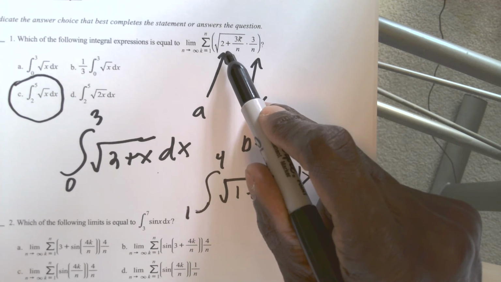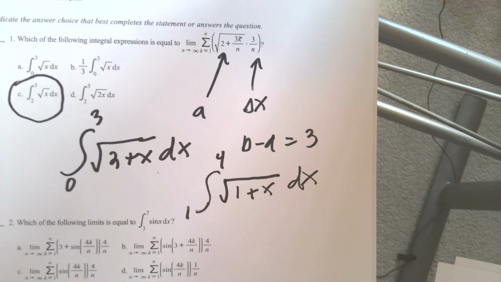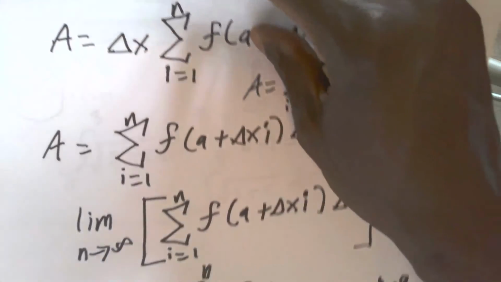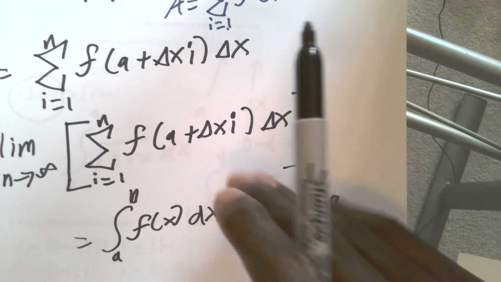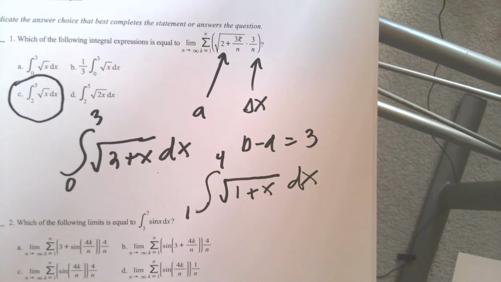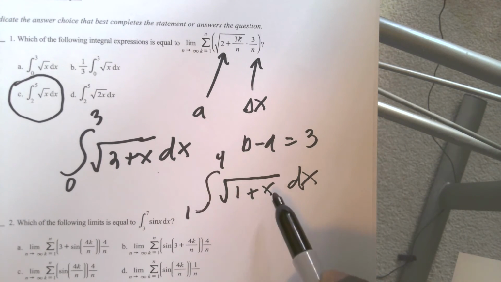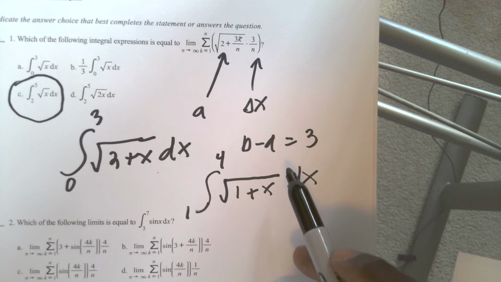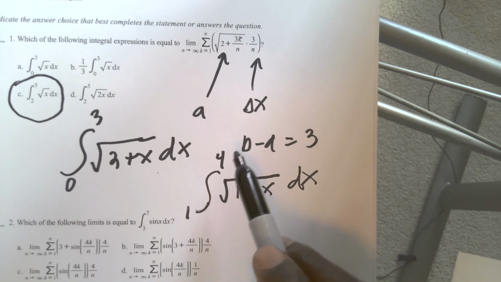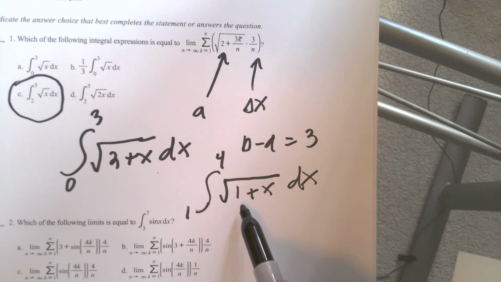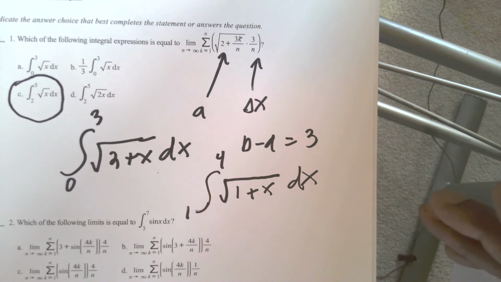Because again, remember, this thing starts with f of a plus delta xi. So if f of x is 1 plus x, f of a plus delta xi would be the 1 plus this 1, which would give us 2. So there's just a couple of different ways you can look at that particular problem.